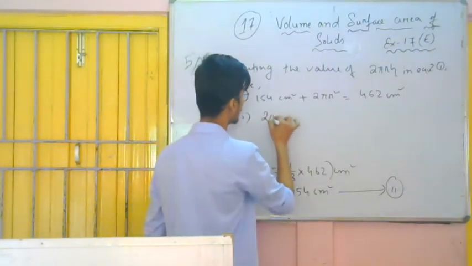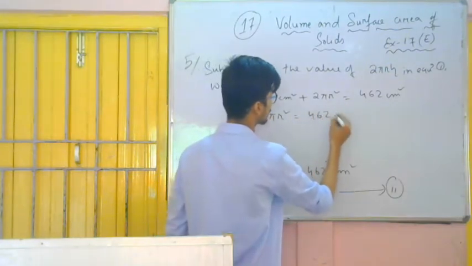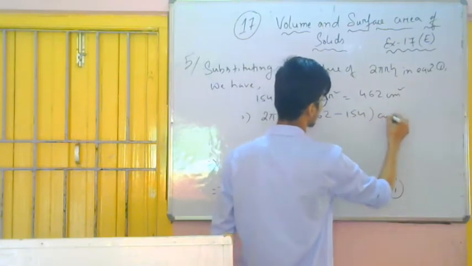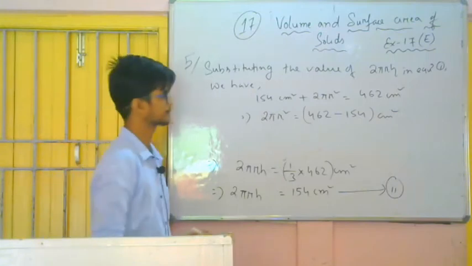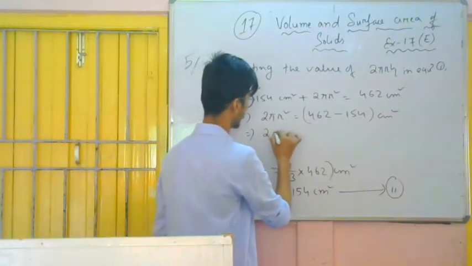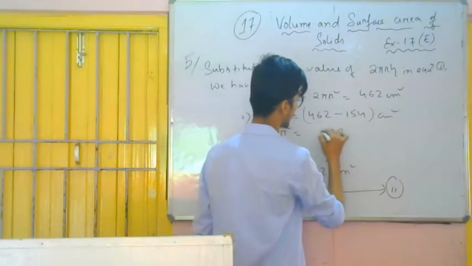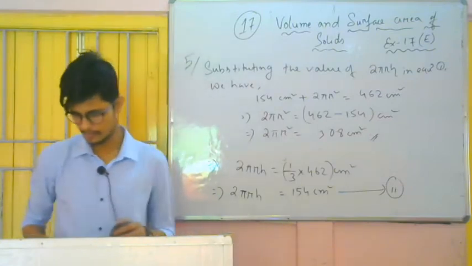This implies 2 pi r square equals 462 minus 154 cm square. Transposing this one, it will be minus. 308 centimeter square.